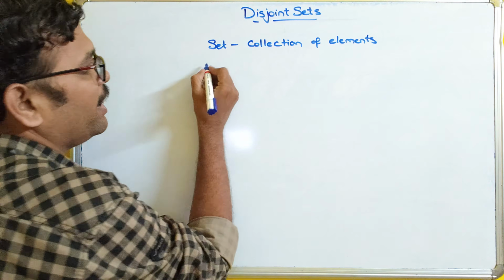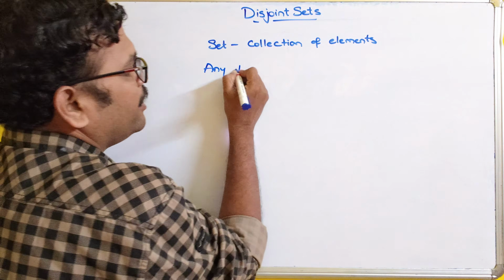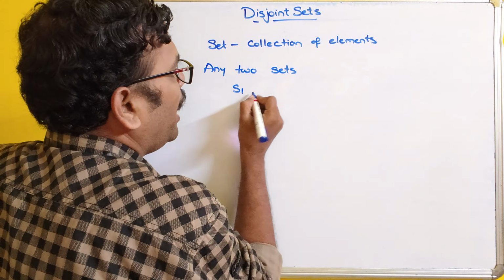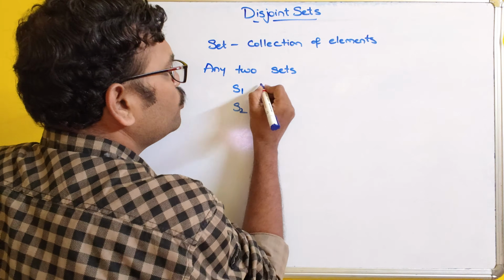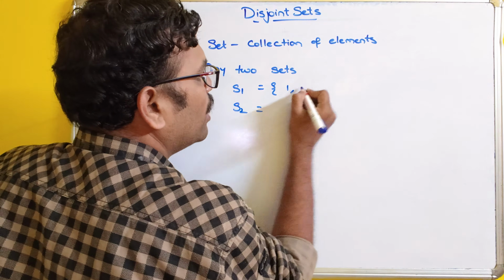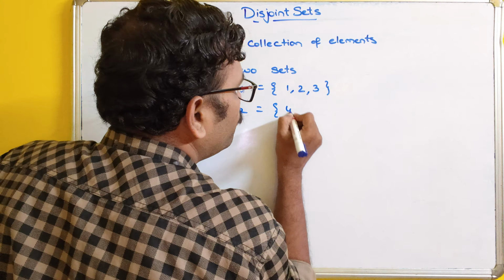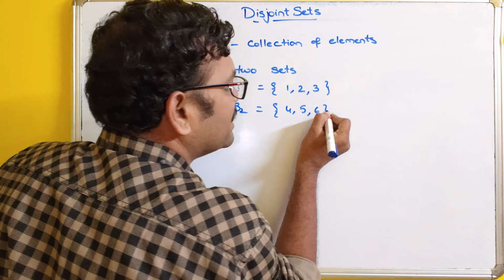So if you consider any two sets, let it be S1 and S2. These two sets have different elements like 1, 2, 3, and here it is 4, 5, and 6.